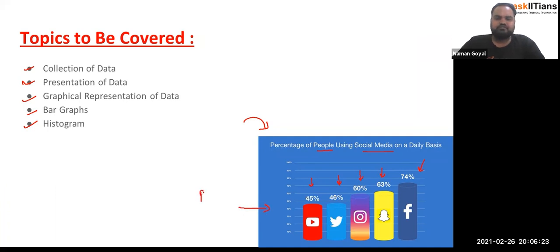This representation is known as a bar graph. If you see, there are bars, right? So this is known as a bar graph. Are you getting my point? We are going to learn about that later.